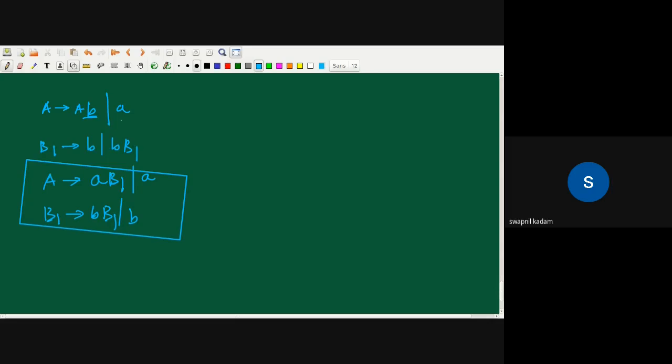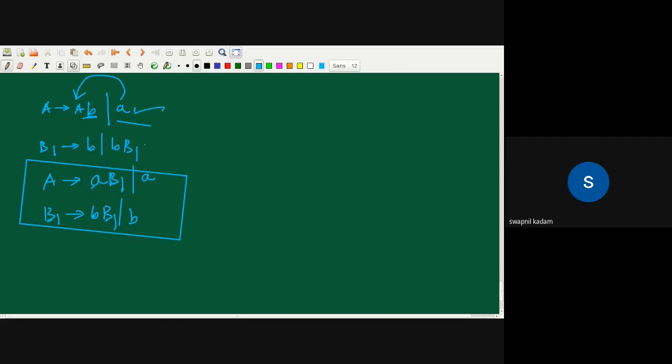After that, whatever remaining productions of A are in lemma 1 format, I should substitute them at the place of this A, and after that I should write that production B1 here. So I am getting A B1, and that production will remain as it is.